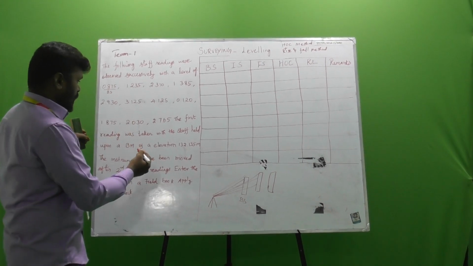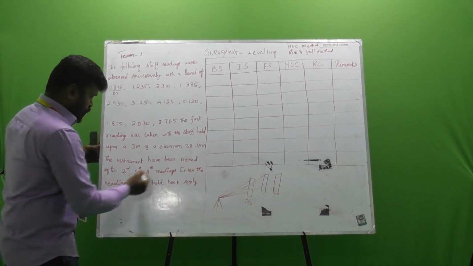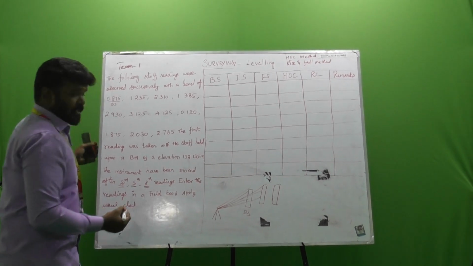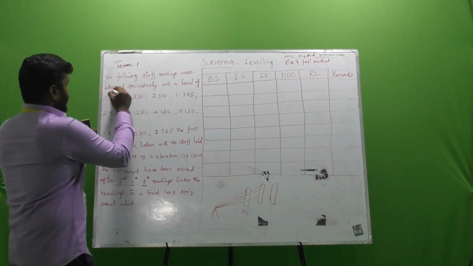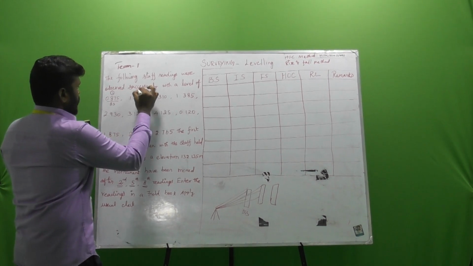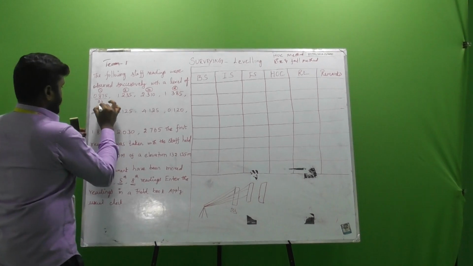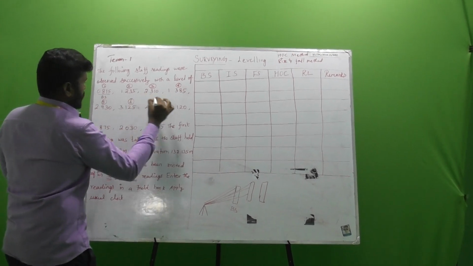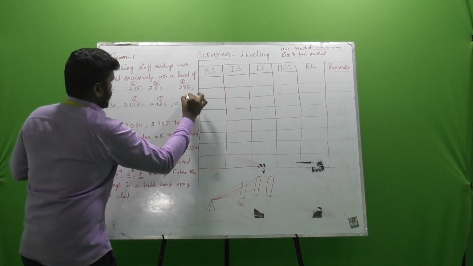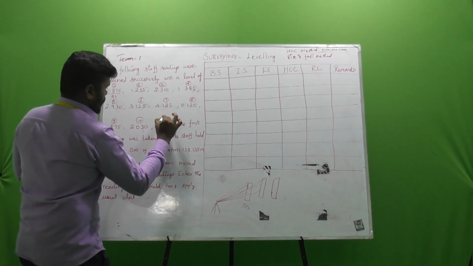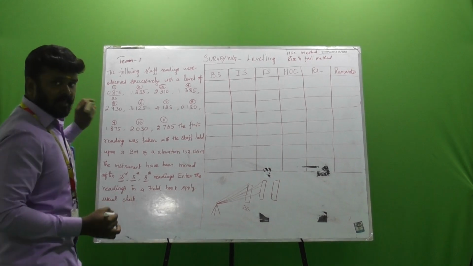In this question, we have noted the instrument has been moved after the second, fifth, and eighth readings. First we note the reading values: first, second, third, fourth, fifth, sixth, 7, 8, 9, 10, 11. So totally we have 11 readings.